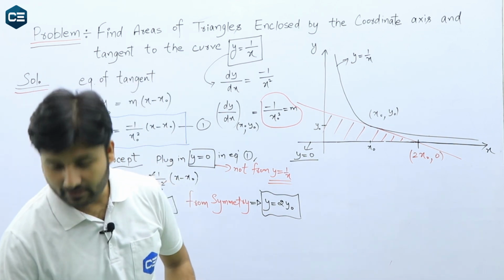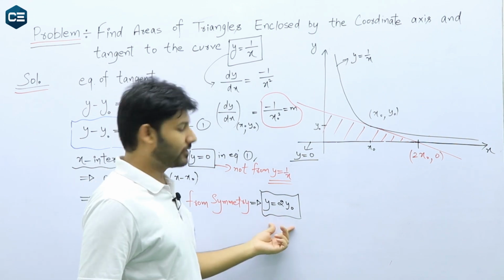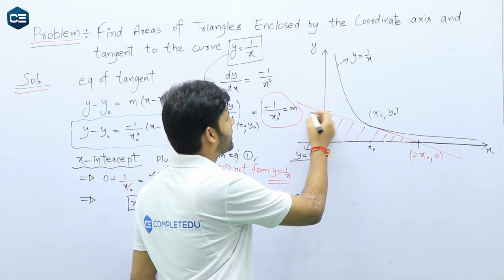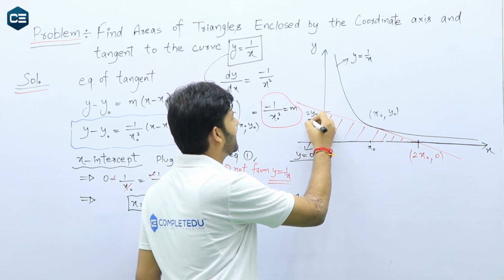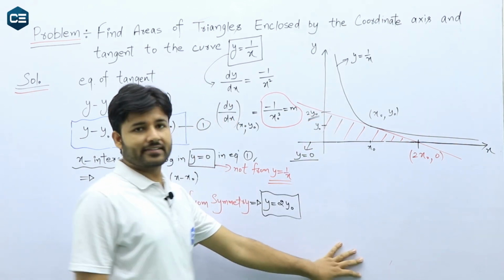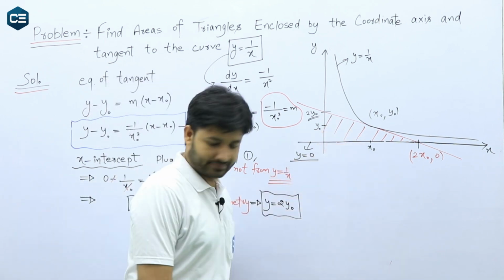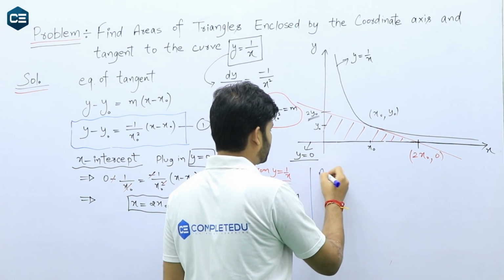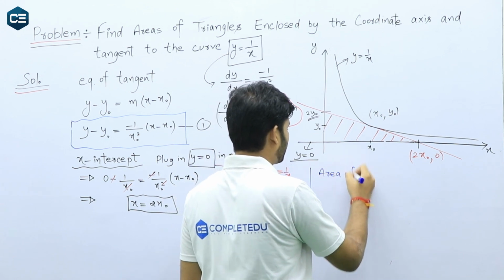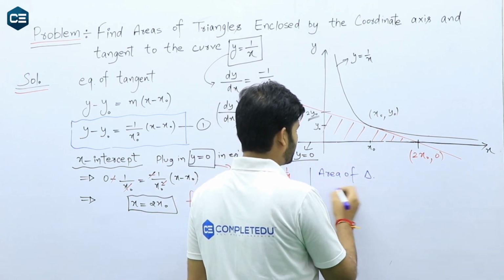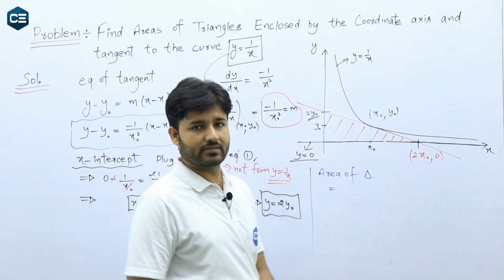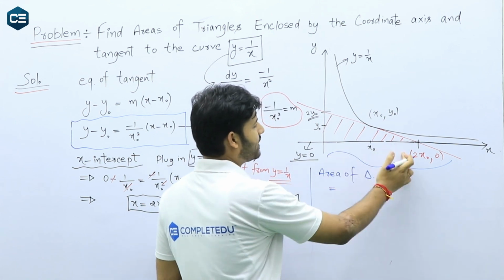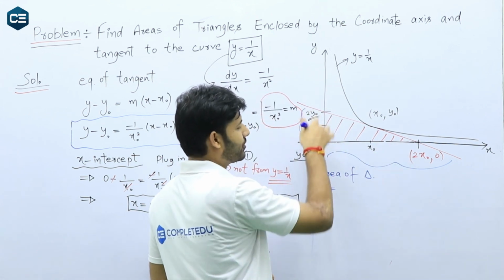So further, now we have our coordinates. Our y coordinate also we get, that is 2y0. So finally I can find the area of this triangle. You see, area of a triangle is half into base into height, and our base here is 2x0 and our height is 2y0.